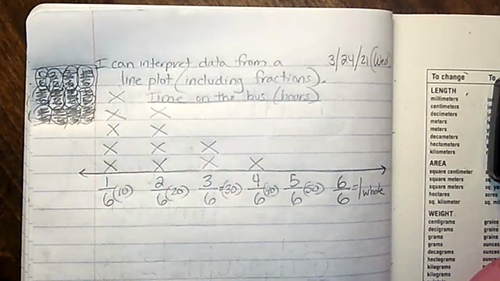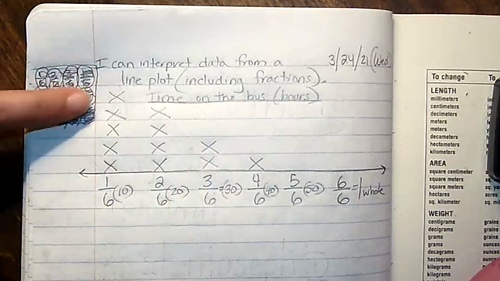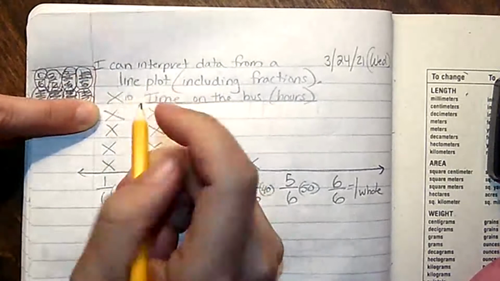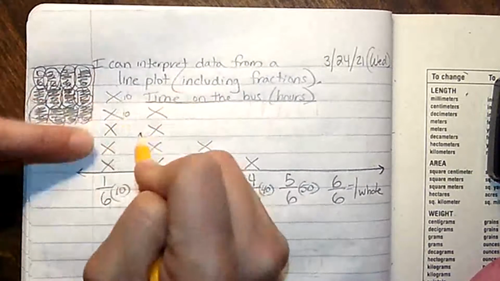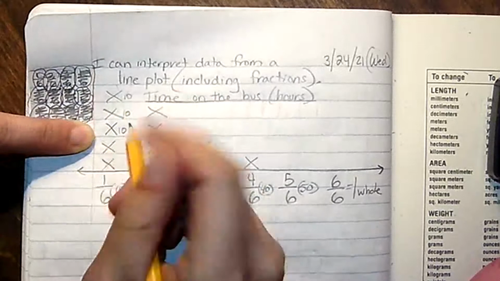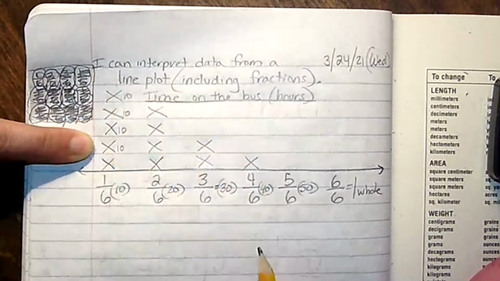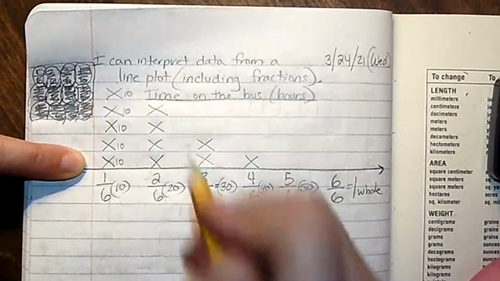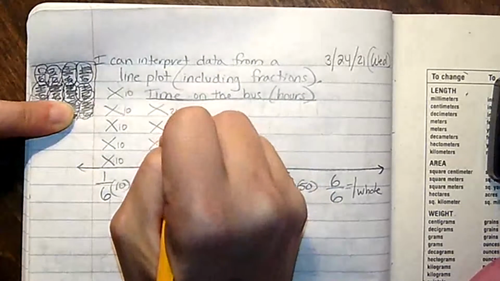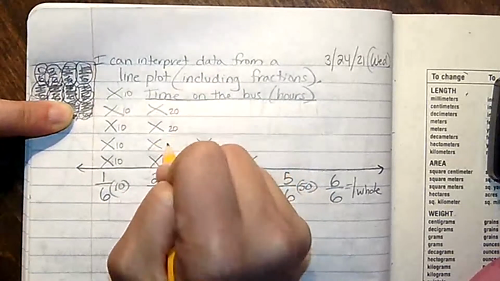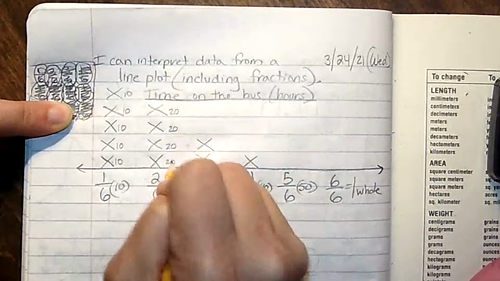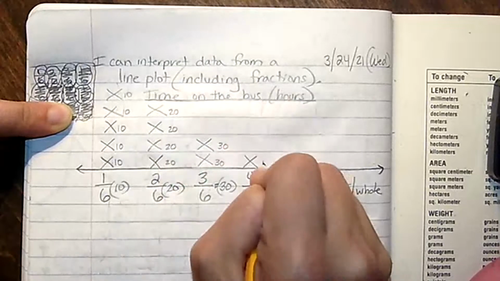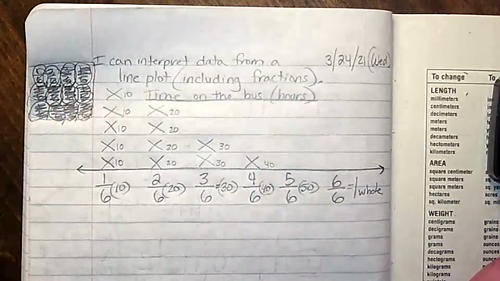If I wanted to show how long they were on the bus, I know that this student rides the bus for 10 minutes. This student, this student, this student, and this student each ride for 10 minutes. These students ride for 20 minutes, 20 minutes, 20 minutes, 20 minutes, 30 minutes, 30 minutes, and 40 minutes.